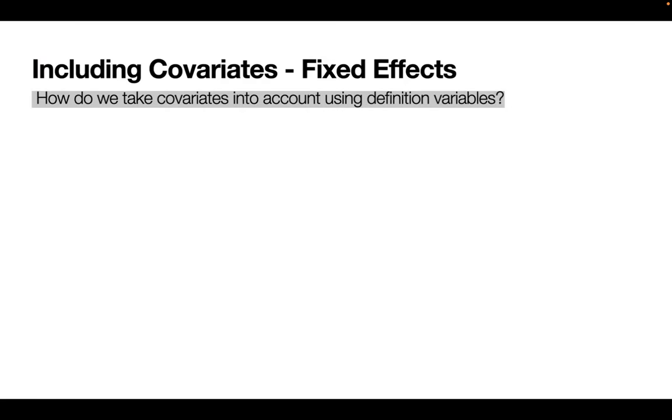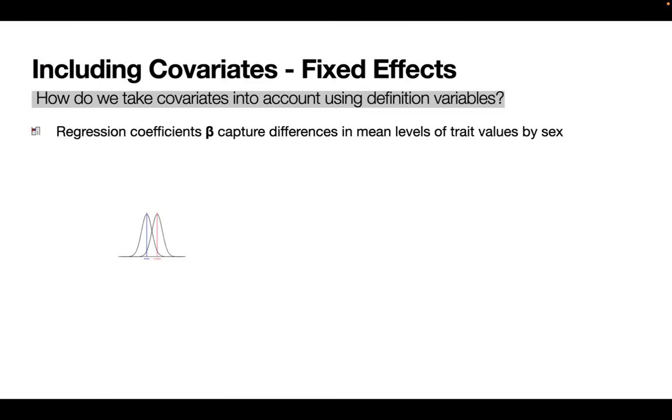Now, often we know that there might be important covariates that should be taken into account, and the ones that we typically think of are age and sex, and we're going to focus primarily on sex here as an example, but there are potential other covariates that might have to be included. Of course, we would normally do this with a simple regression that allows us to capture these differences in mean levels of a trait, say by sex.